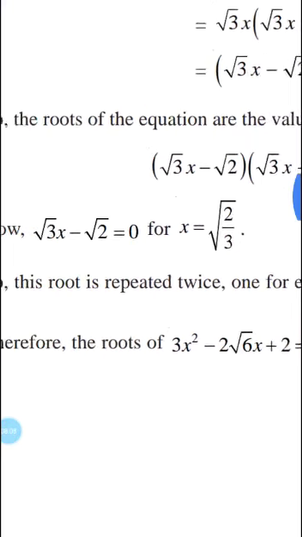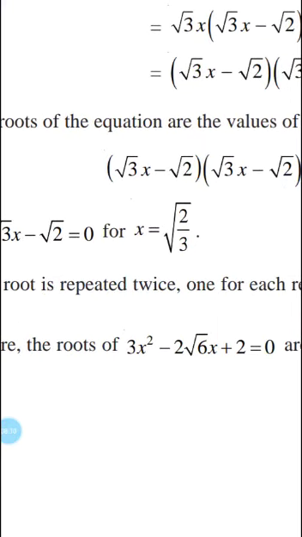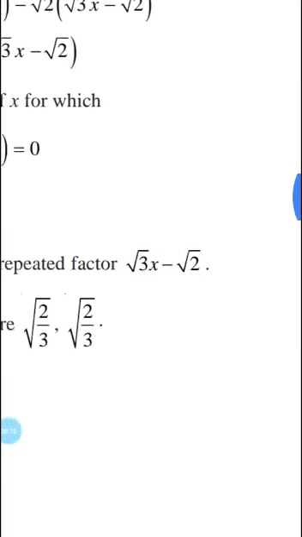Since both factors are the same, the root is repeated twice, once for each factor 3x minus root 2, so both values are root 2 by 3 and root 2 by 3.